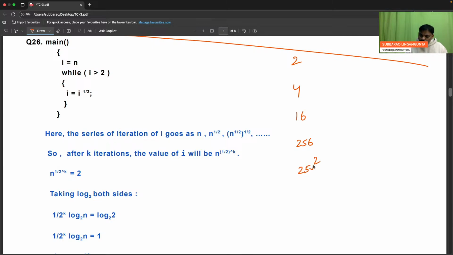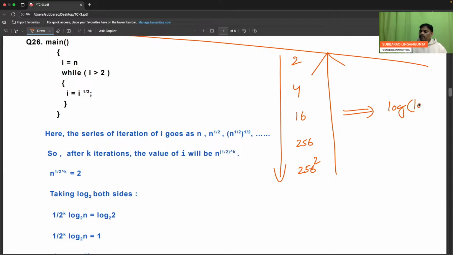This is if you do square. If you do root, it is reverse. Both are log of log n. Try to understand, both are log of log n.